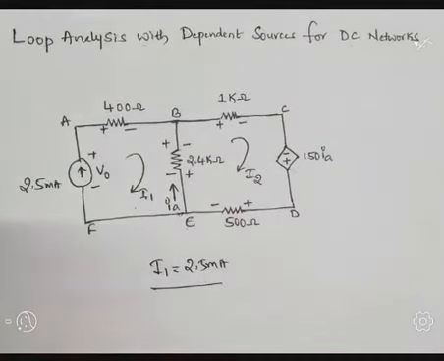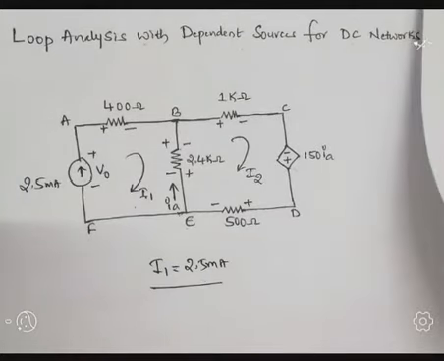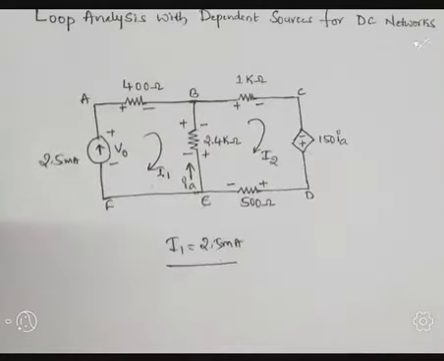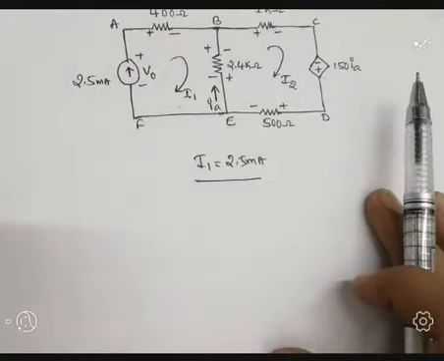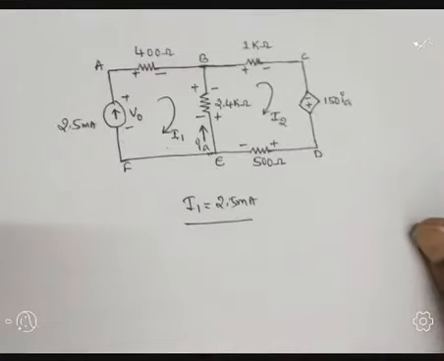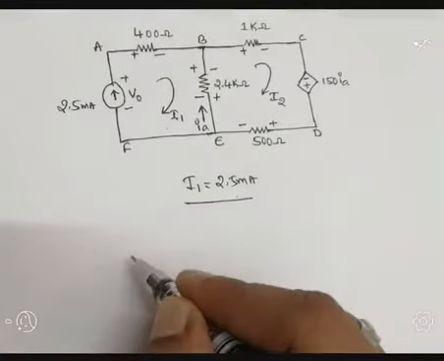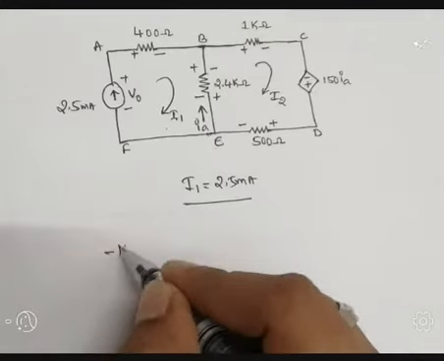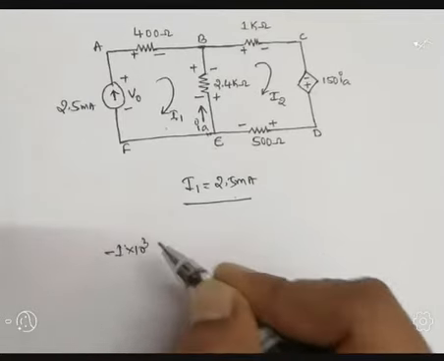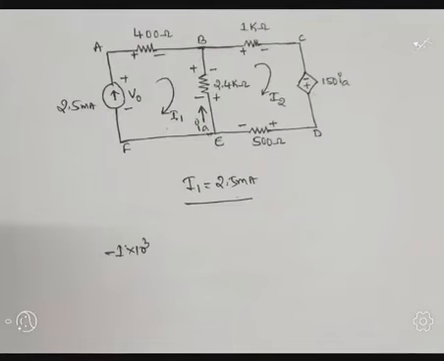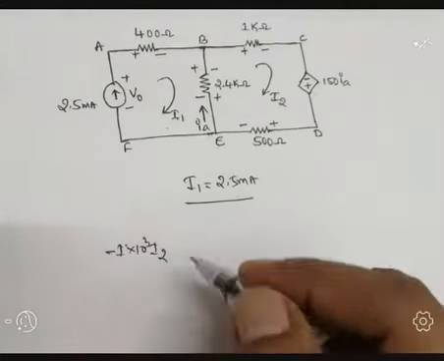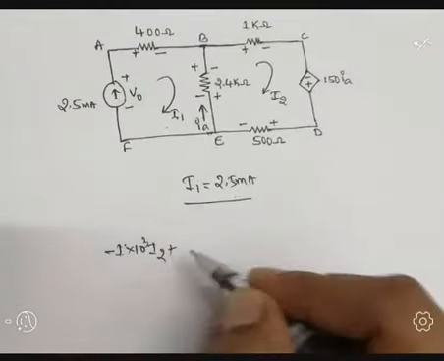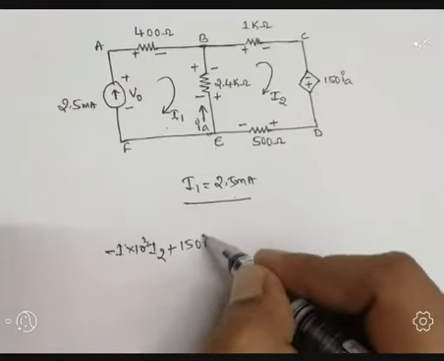So if you are applying, can you tell me? Apply the KVL for the second mesh. Minus 1K I2. Okay, correct. Next, plus 150 IA.